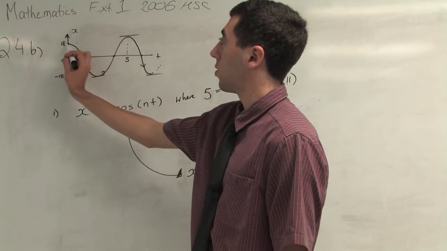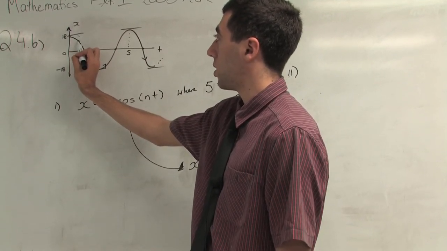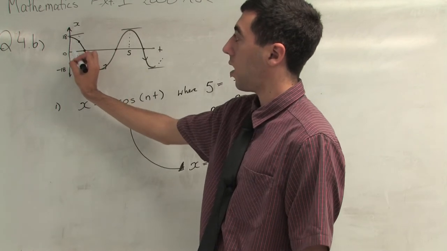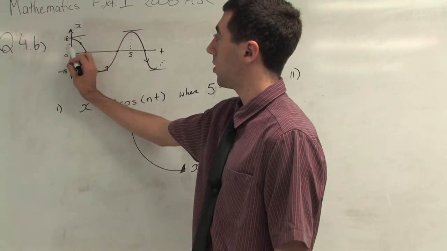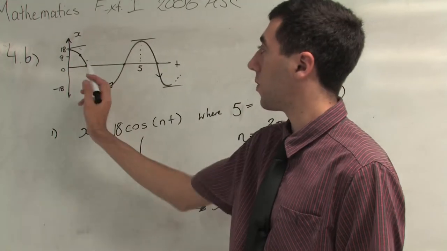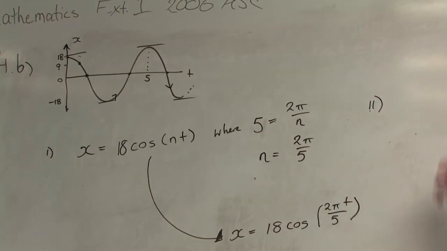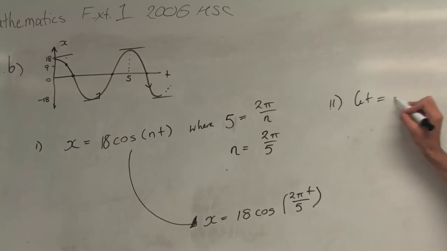So what we're really finding is just how long it takes to reach here. As we know, half of 18 is 9. So now all we have to do is, if x equals 9, find the value of t. So we'll let x equal 9.